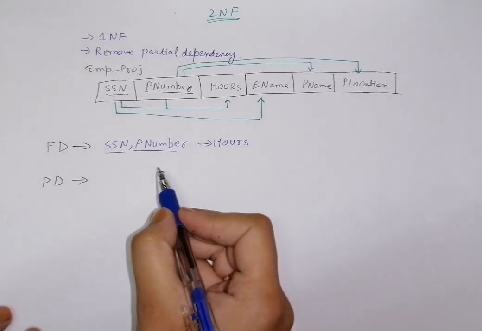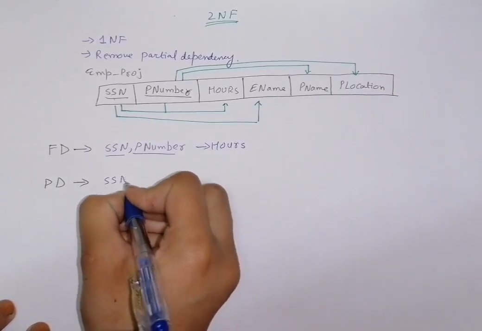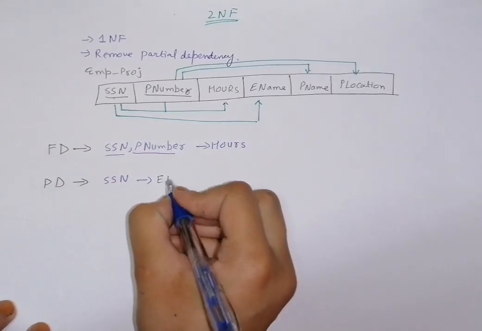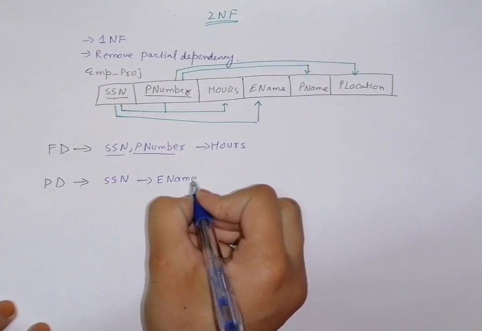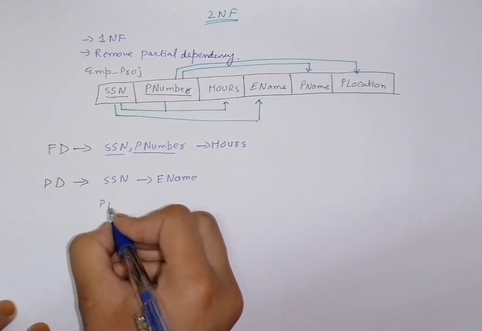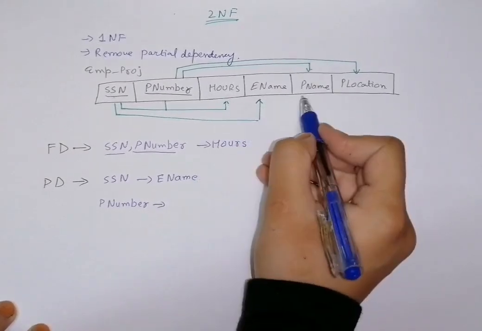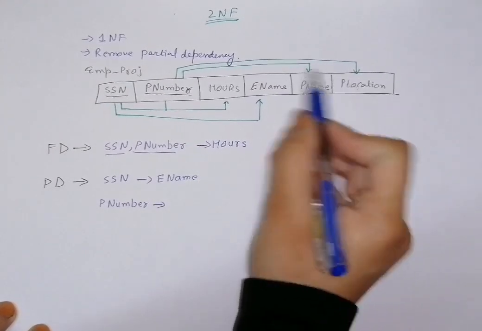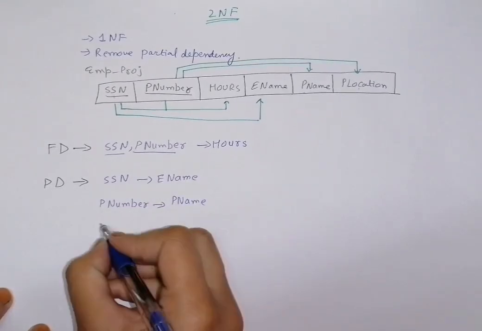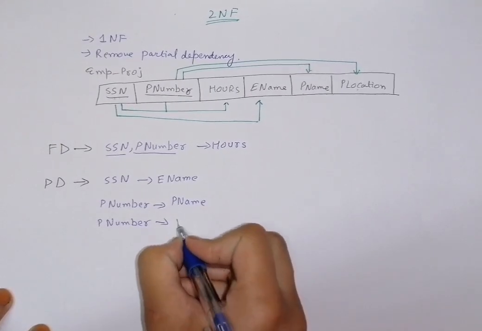I can observe that SSN is the first part of the primary key, and E name relies on SSN. That is, you can find the unique value of E name by looking at the SSN. Similarly, the second part of the primary key is P number, and on P number, P name and P location rely.